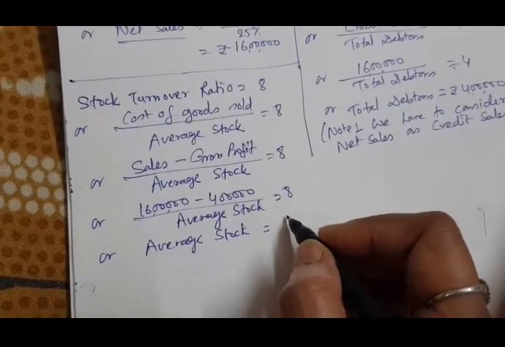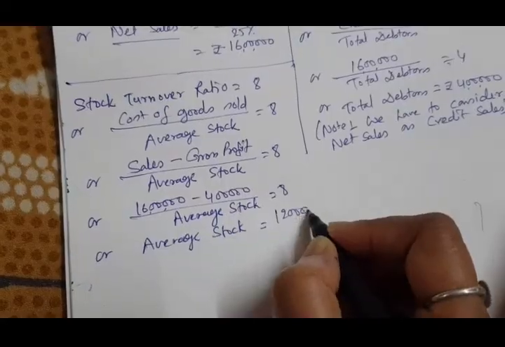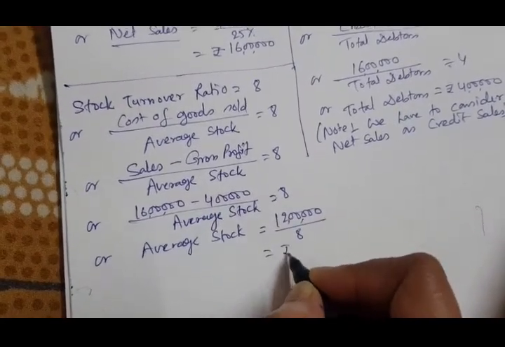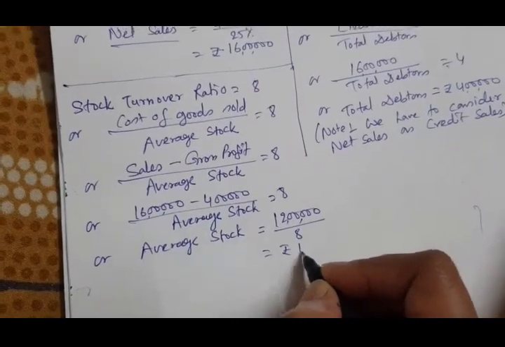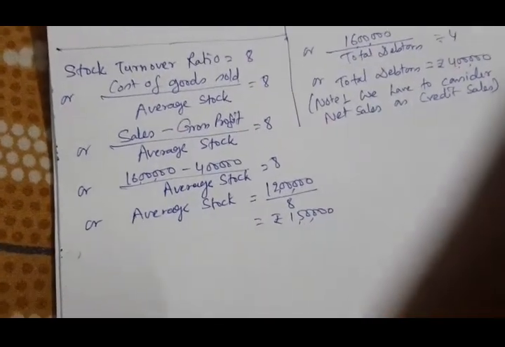So 12 lakh divided by 8 means rupees 1,50,000. This is the average.